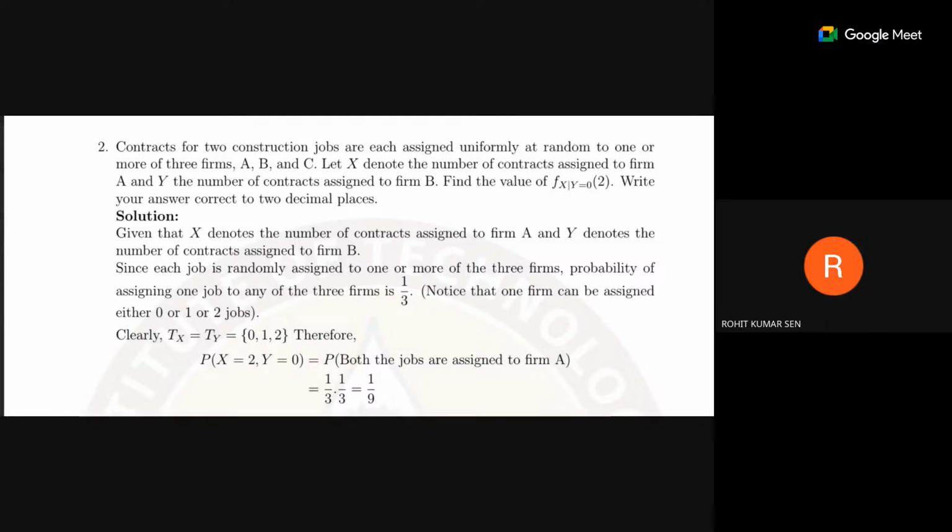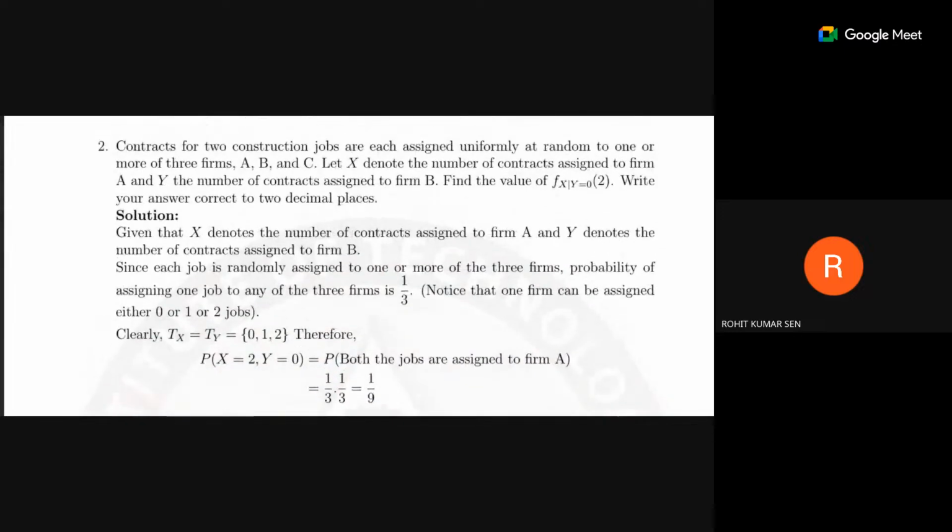So we have 3 firms A, B, C. X denotes the number of contracts assigned to firm A, Y denotes the number assigned to firm B. Find the value of X equal to 2 given Y is equal to 2. Write your answer up to correct decimal places.